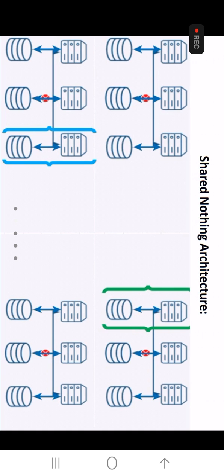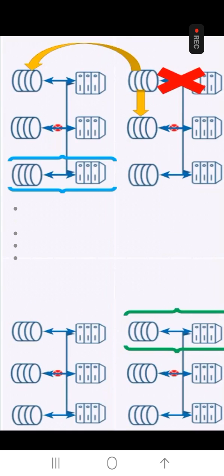It moves the data storage closer to the compute, so there won't be any issues here. But in this shared nothing architecture, a few problems arise due to the nature of the architecture. When the data volume increases, the number of nodes increases, right?